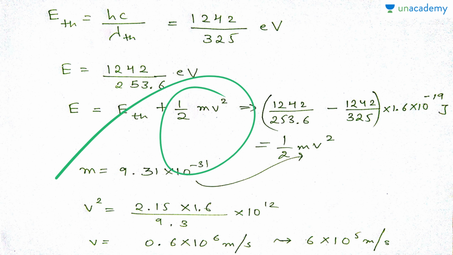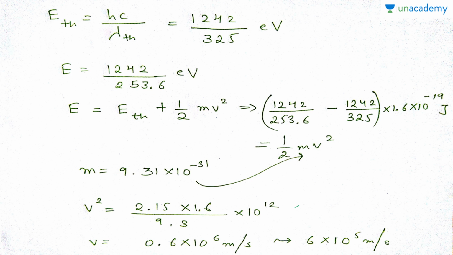What we need to find is the velocity. So we are unknown with this term, so we will shift this term here, so it will become E minus ETH.